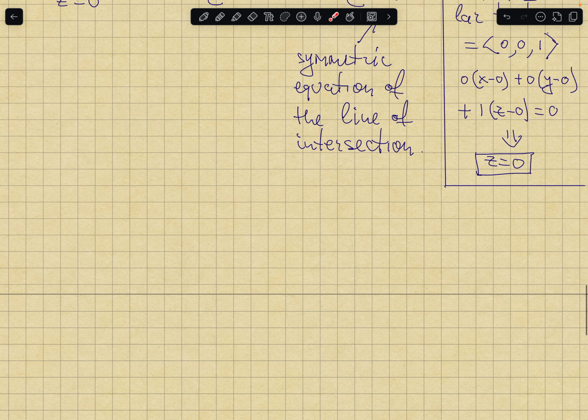The next example. So if this makes sense, the next example is this.